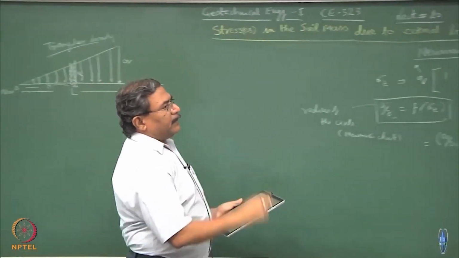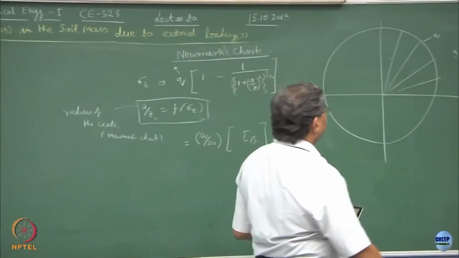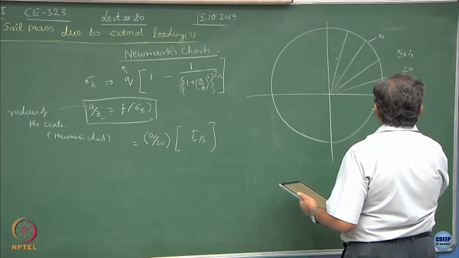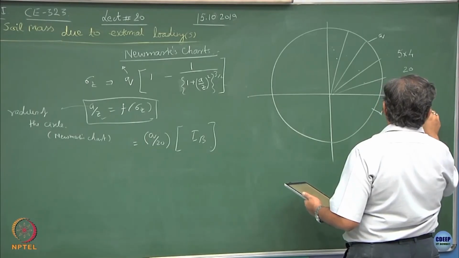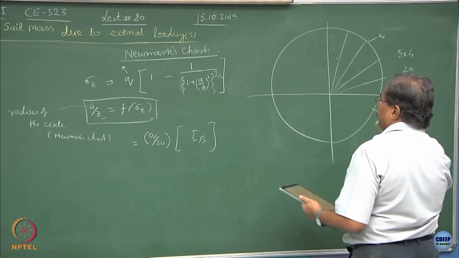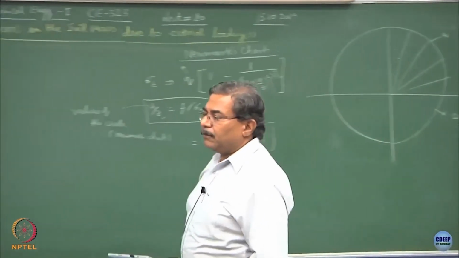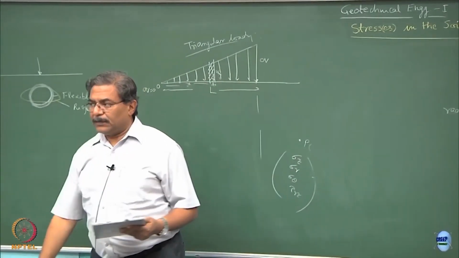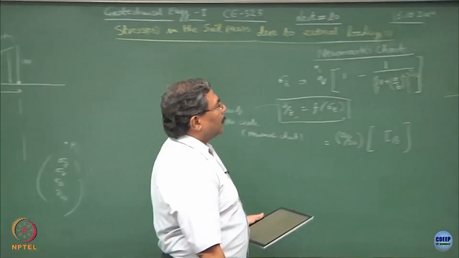Now, normally these types of graphs are plotted for 200 units. That means I have to draw now 10 circles. Is this okay?